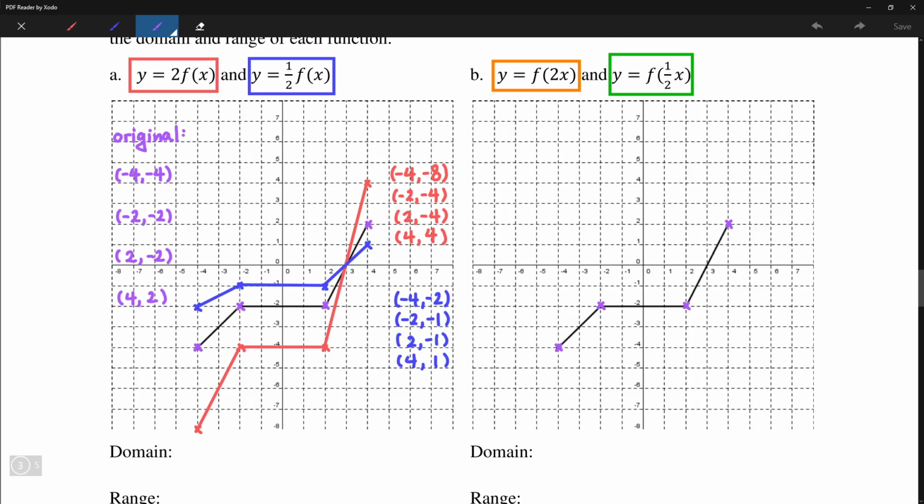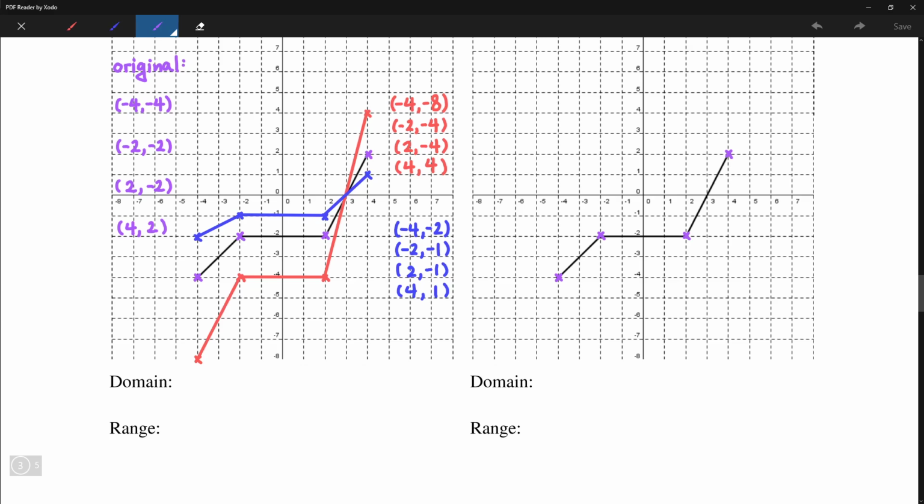Another piece that we can examine, of course, are the domain and range of each of these. The domain of the original was -4 to 4. The range was from -4 to 2.